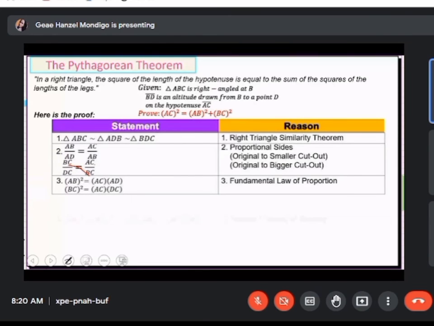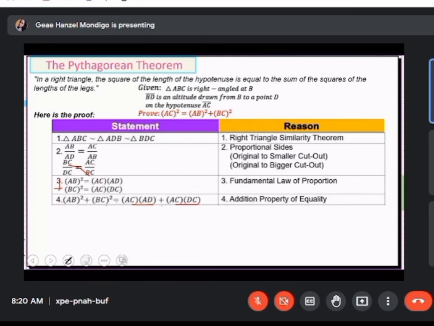Then by using the addition property of equality, we have AB squared plus BC squared is equal to AC times AD plus AC times DC.